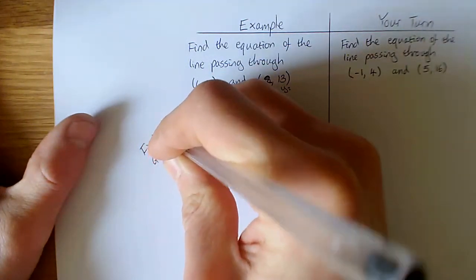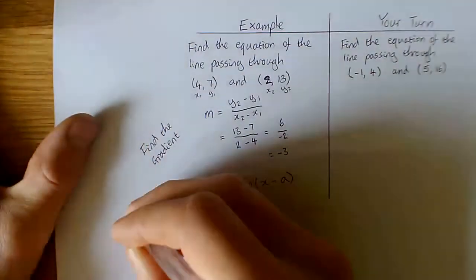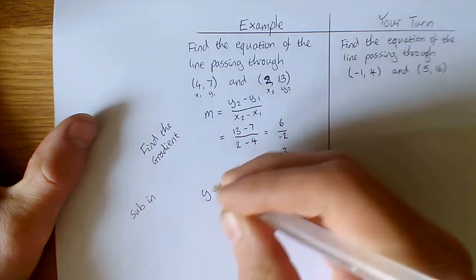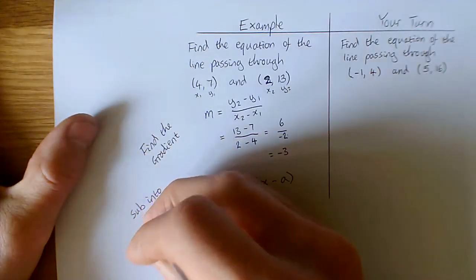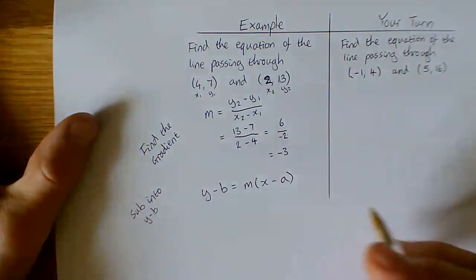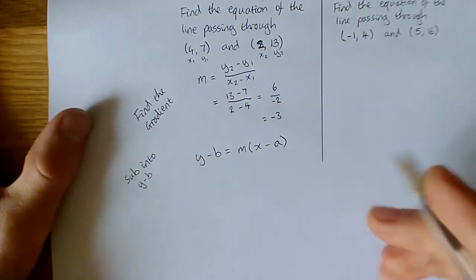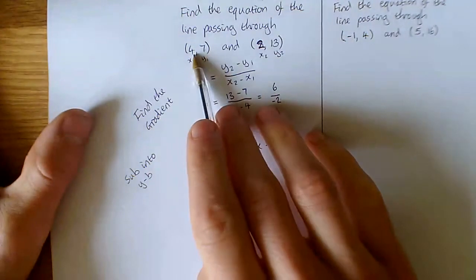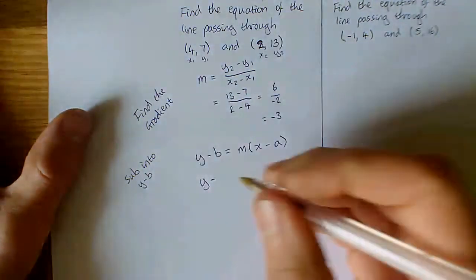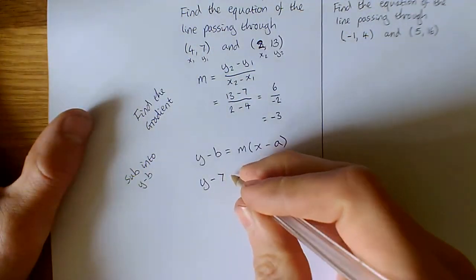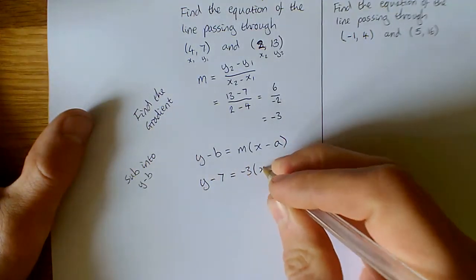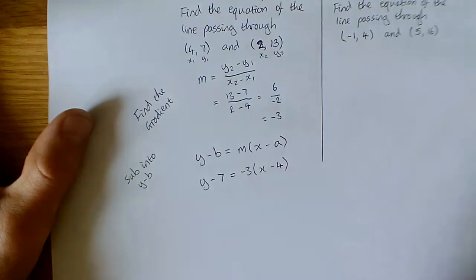That is always our first step. Then we need to sub it into our y minus b formula that we've been learning this week. I said either point could be your a and b. I'm going to choose the first point. So we get y minus 7 equals minus 3 lots of x minus 4.